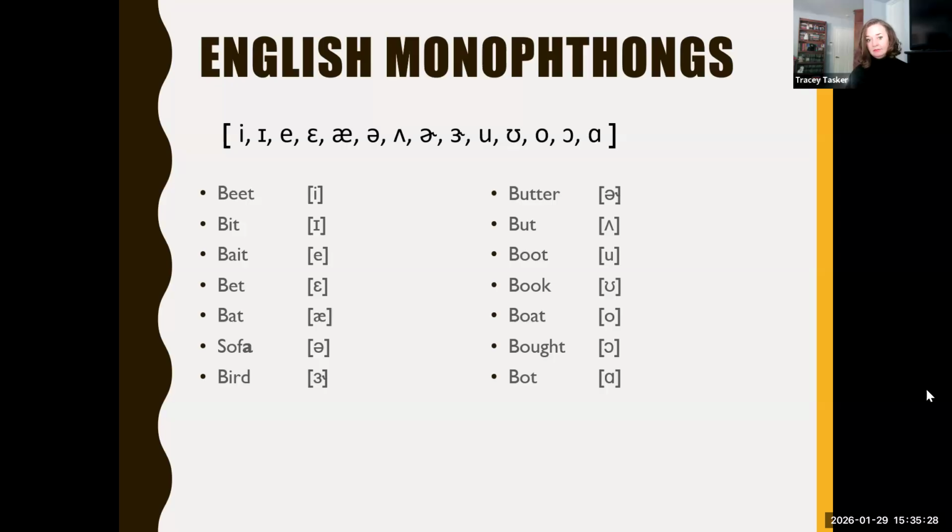So beat, bit, bait, bet, bat. So obviously that one doesn't help. Bird, butter, but, boot, book, boat, bought. So you could see my jaw changing, you could see the rounding of my lips when I was moving through all these different vowels. So we're going to spend this week working on, as I mentioned, the front and back vowels. We're not going to cover all of these this week.